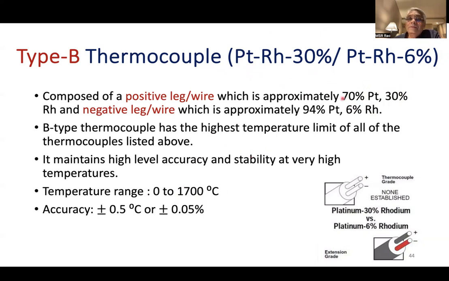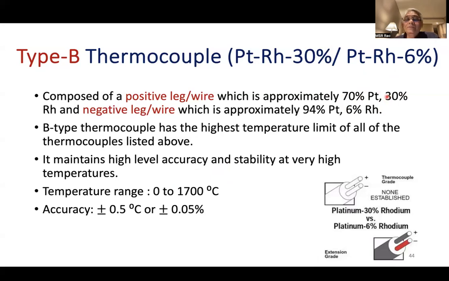If this compositional percentage changes, the temperature range also will start changing. So arc melting plays a very crucial role in making these alloys, and making these alloys with absolutely accurate compositional ranges is always important.